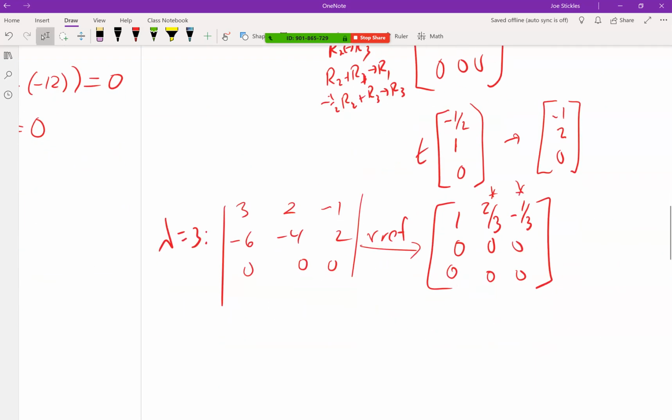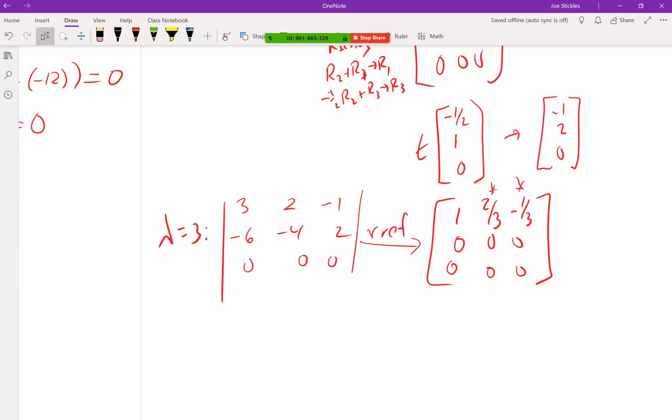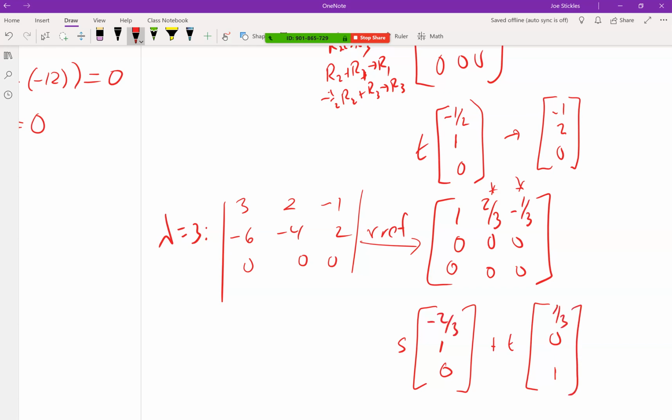So when we write our solutions here, we would have an S and a T. One of them is representing the second coordinate, one's representing the third coordinate, and those are independent of each other. And then the first component has a negative 2/3 there, and it would have a 1/3 here. Just writing out the solutions.